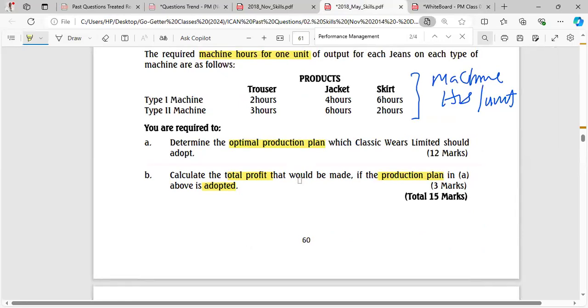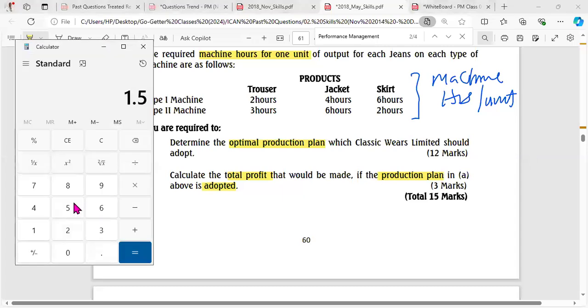This is a 15 marks question, and I do believe that if you are using 1 minute 30 seconds per mark, let's do something here. 1.5 minutes per mark, multiplied by 15 marks, you should be doing this for 22.5 minutes, almost 23 minutes.